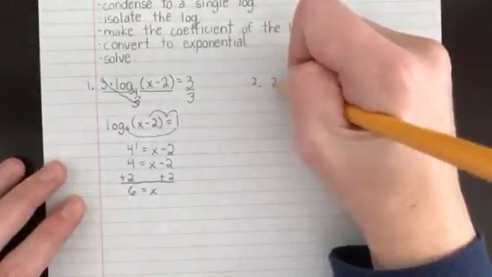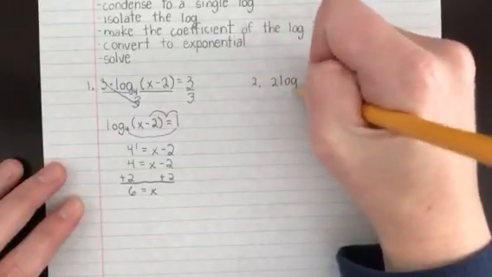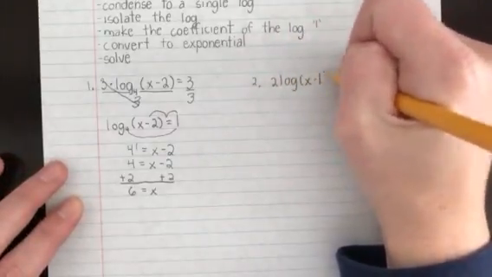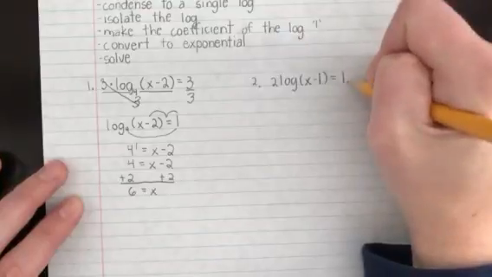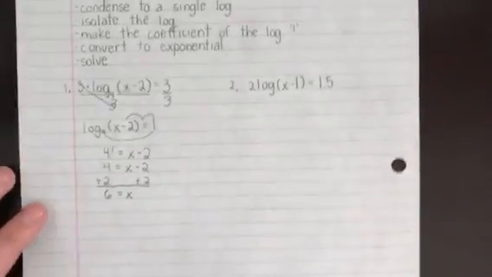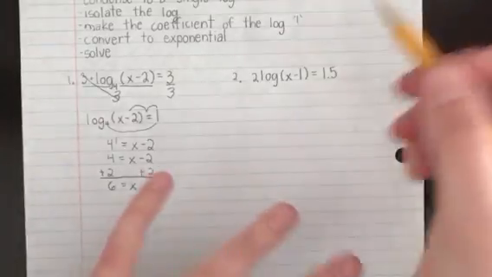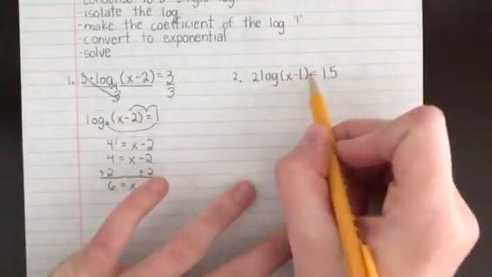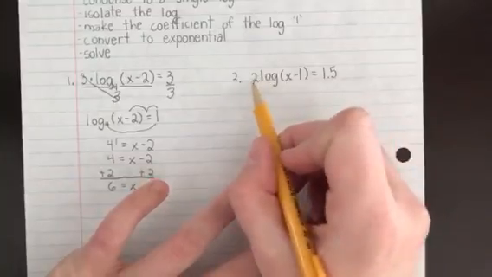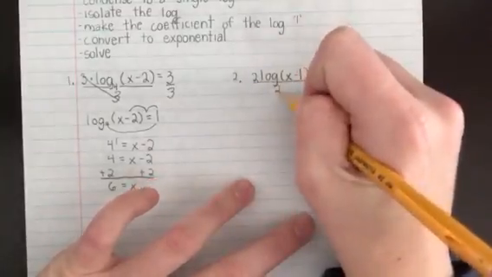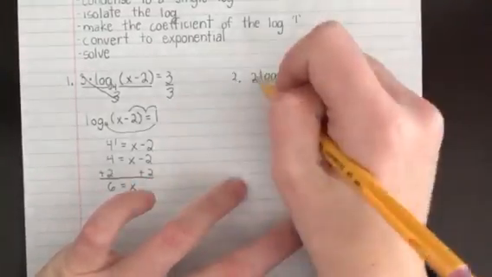Example number 2. 2 log quantity x minus 1 equals 1.5. Okay, again, condense to a single log, but that's already done. All right, so then we need to isolate the log, nothing in front, nothing in back, making the coefficient 1. So that means on this one I need to divide both sides by 2.